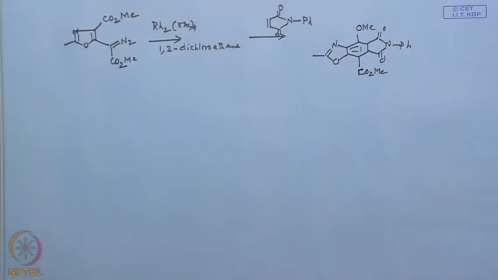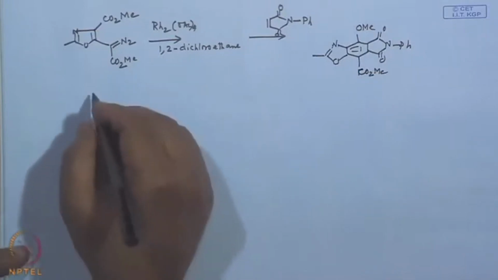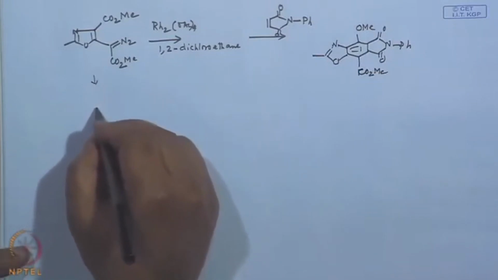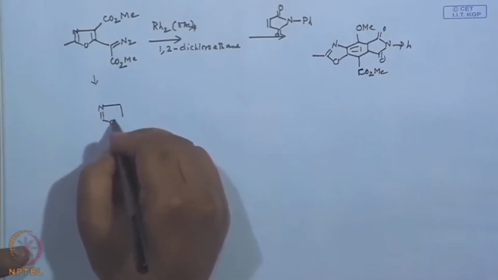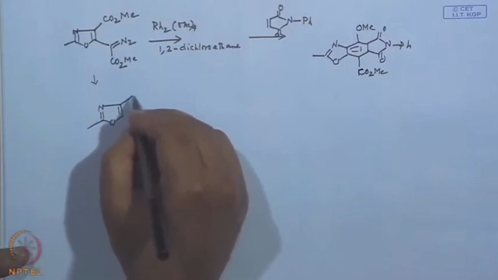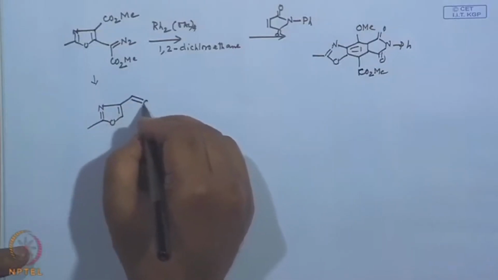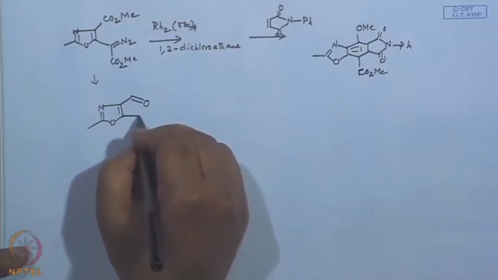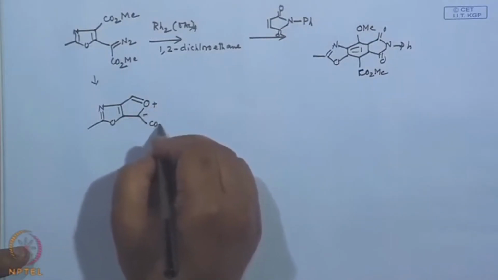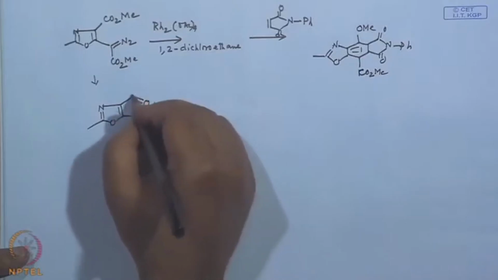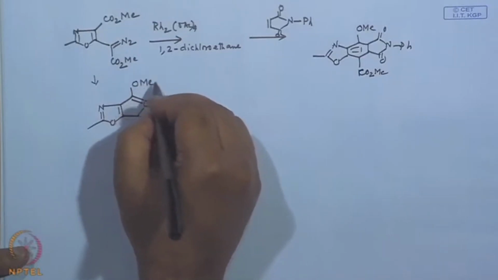So, mechanistically, once again this is sort of like a repetition. So, you will have nitrogen, then oxygen here on this side. Now, after this formation of the carbene, it will form the carbonyl ylide of this kind, and here you will have the methoxy.